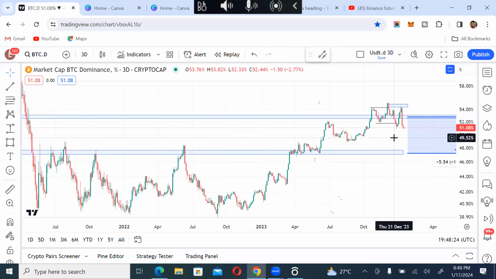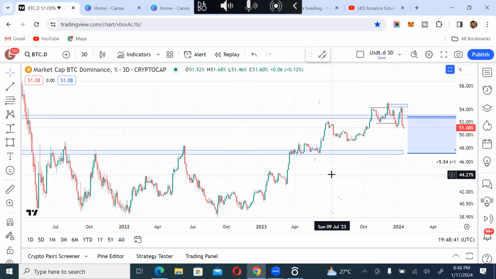And if that happens and the price of Bitcoin continues to drop, then altcoins are going to bleed. Listen, if BTC dominance drops and the price of Bitcoin drops, it means the entire market is going to bleed. So there will be a dump in the entire market.